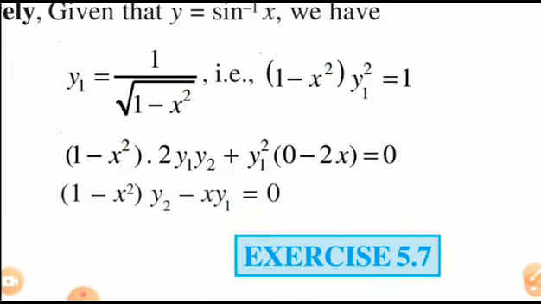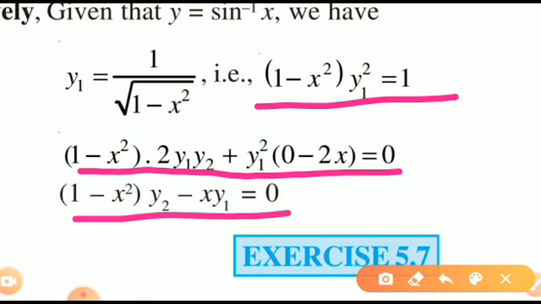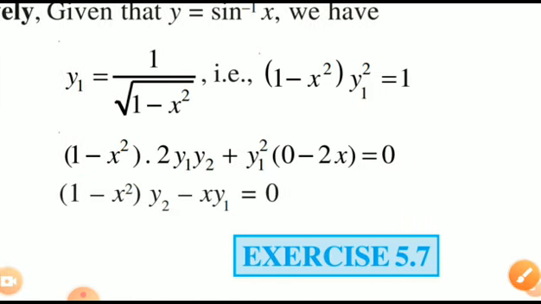After this, again differentiate it with respect to x, and then you will get the required answer. But I prefer the first method, because whenever you have some questions regarding that, it will be better to use. Simplify it, multiply that denominator to the whole, and you will get that answer.